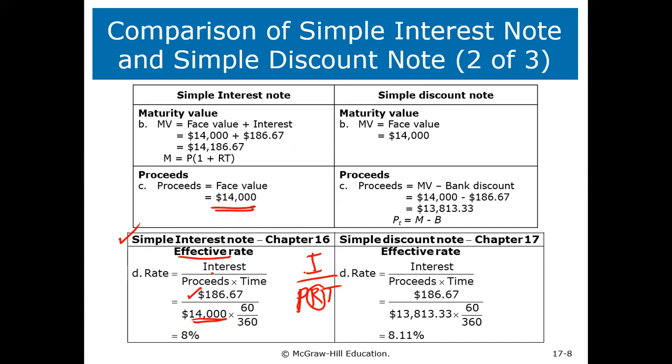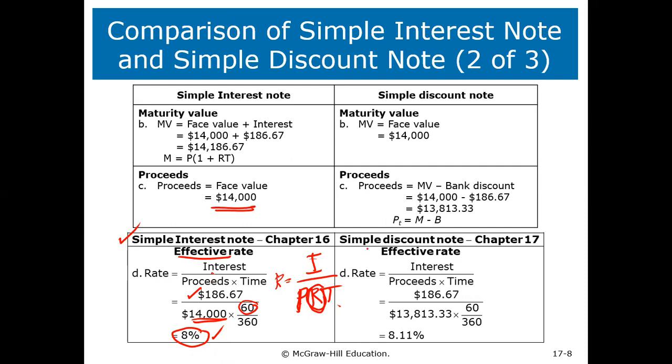You remember the formula is interest over P times T. Since we're looking for R, R is simply equal to interest over P times T. The interest is 186.67, the principal or the proceeds is 14,000, the time is 60 days divided by 360, and you get the same 8% effective rate. So for a simple interest note, the effective rate is also 8%, same as the interest rate.